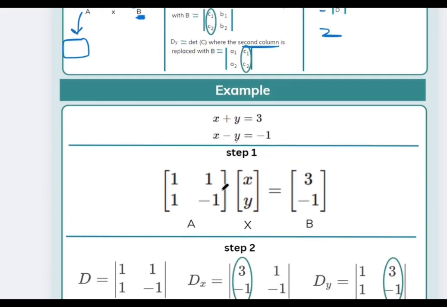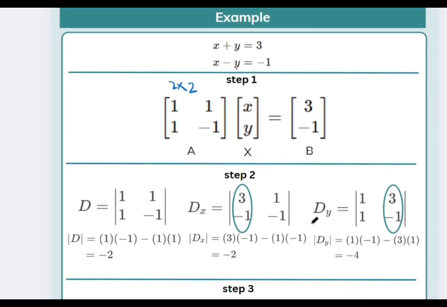In step 1, we construct AX equals B. You can see that A is the coefficient matrix, a square matrix, 2 by 2. X is the column matrix and B is also a column matrix. Step 2, we construct D, Dx, and Dy.